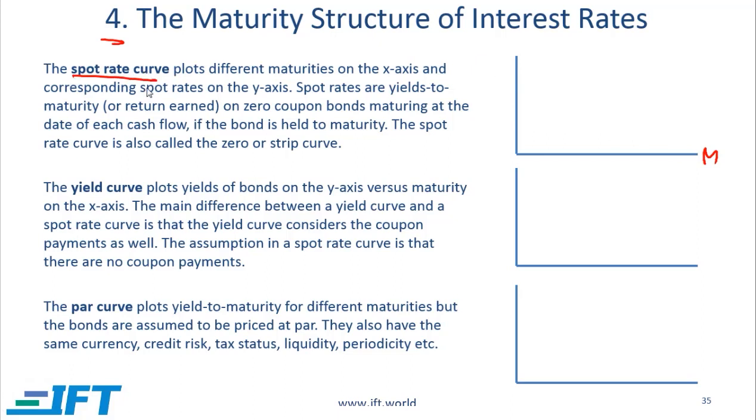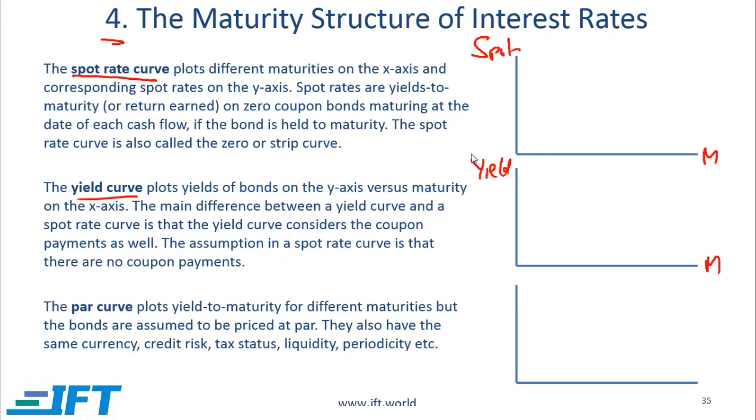With the spot rate curve, you have spot rates on the y-axis and maturities on the x-axis. With the yield curve, you will again have maturity on the x-axis and yield on the y-axis.